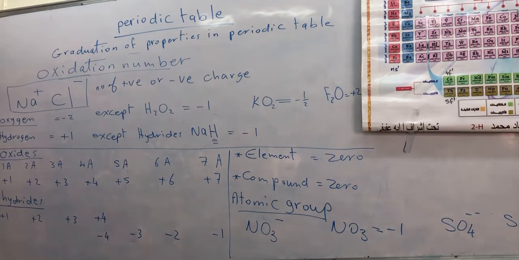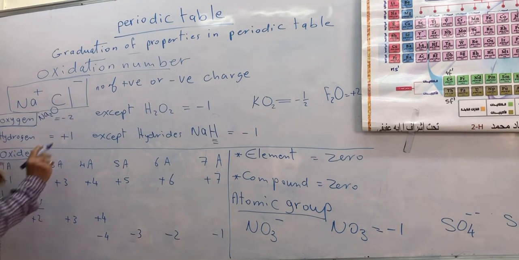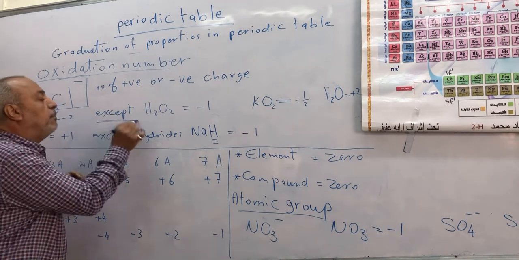We have some rules. Firstly, we will take famous elements such as oxygen. The oxidation number of oxygen in normal oxides equals -2, except we have some exceptions.